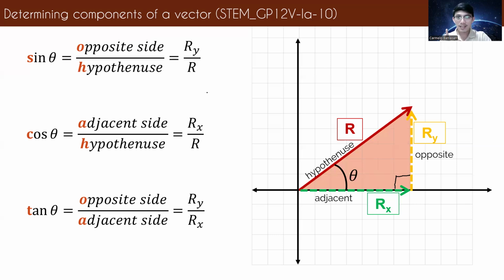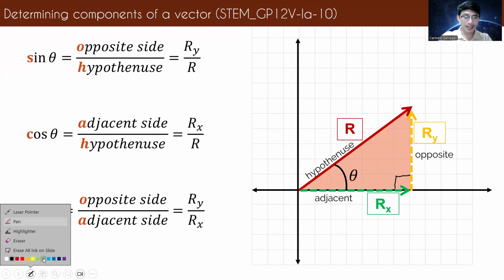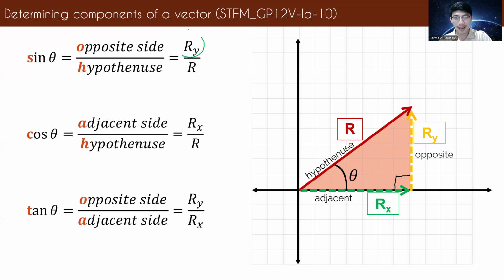So that means if we are going to determine the vertical component, which is Ry, we can just cross multiply. That gives us Ry is equal to R sine of an angle. So that's the formula for the vertical component.